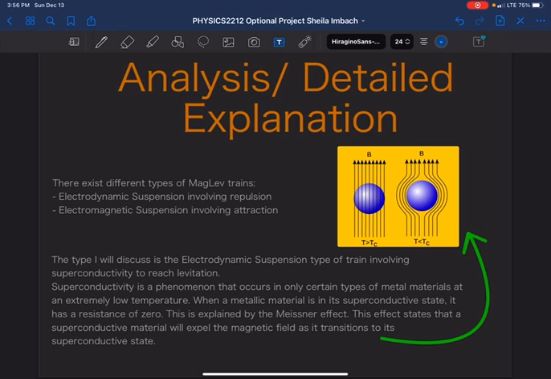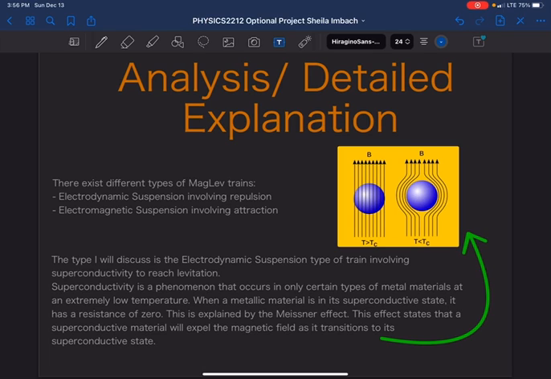From what I've learned in class and from further research, superconductivity is a phenomenon that occurs only in certain types of metal materials at extremely low temperatures. These are specific temperatures. When a metallic material is in its superconductive state, it has a resistance of 0. This is explained by the Meissner effect.